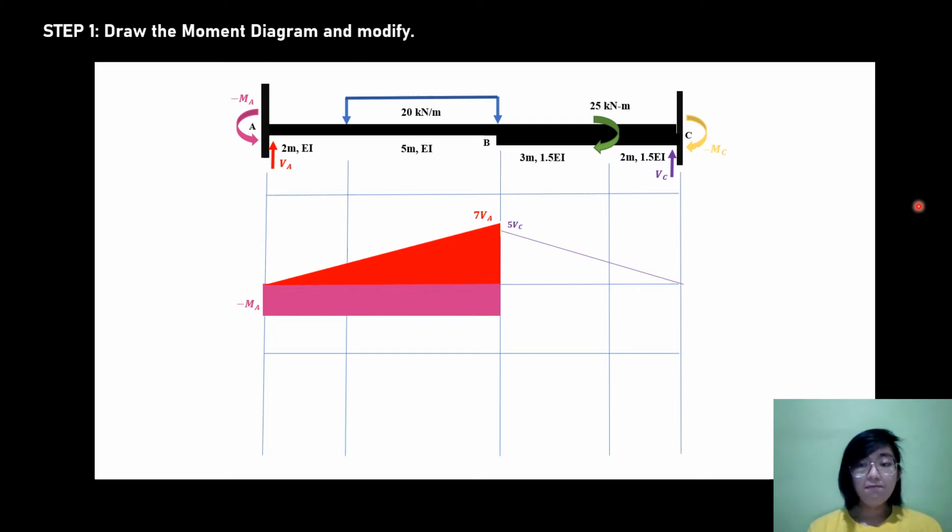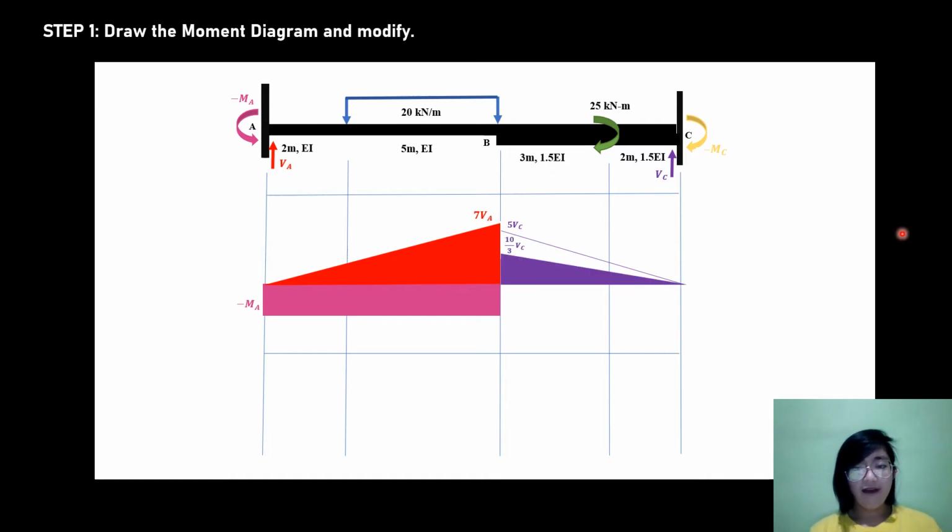Pero, sa segment BC, kailangan natin siya i-modify kasi hindi nga parehas yung EI sa entire span. So, in this segment, we have 1.5 EI. So, we have to divide the 5 VC sa EI kasi M over EI siya.